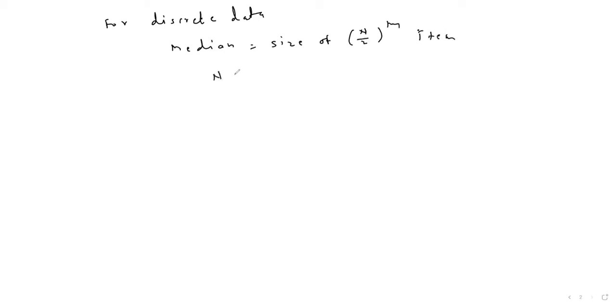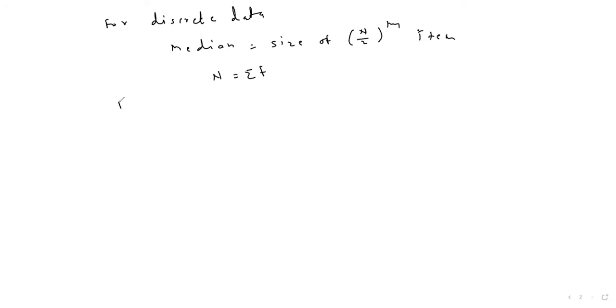So capital N is again the total number of items arranged in ascending or descending order of magnitude. Over here, capital N is nothing but the summation of frequency. So for a discrete data set, median is equal to size of N divided by 2 th item. Over here, N is nothing but summation of f. And obviously, the items are arranged in ascending or descending order of magnitude.